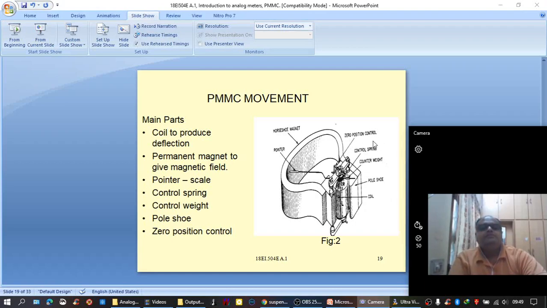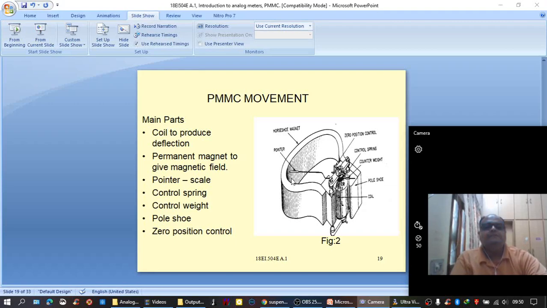What is the purpose of zero position control? Suppose, let us assume that no current is flowing through this instrument, and for some reason the pointer is not showing zero on the calibrated scale. It is lying somewhere on the calibrated scale where the meter reading is more than zero. We know that there is no current applied, but still the pointer is not lying at the zero position of the calibrated scale.